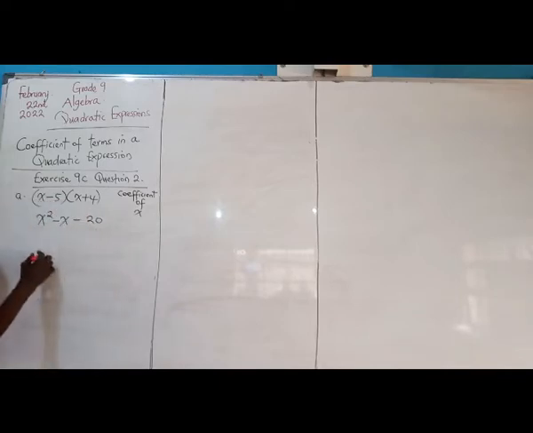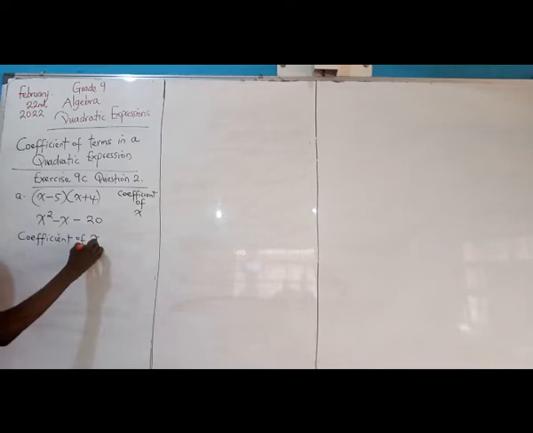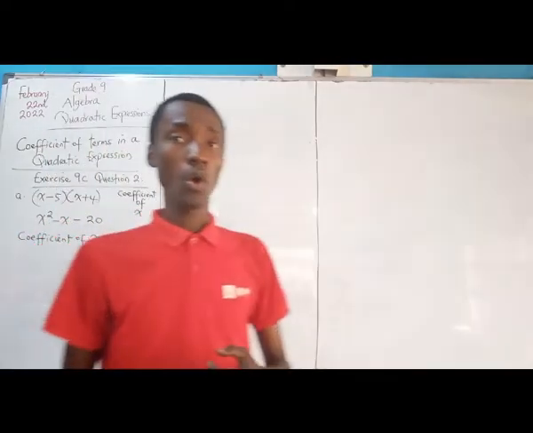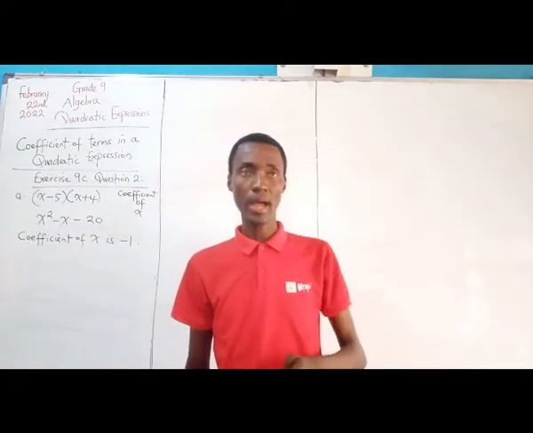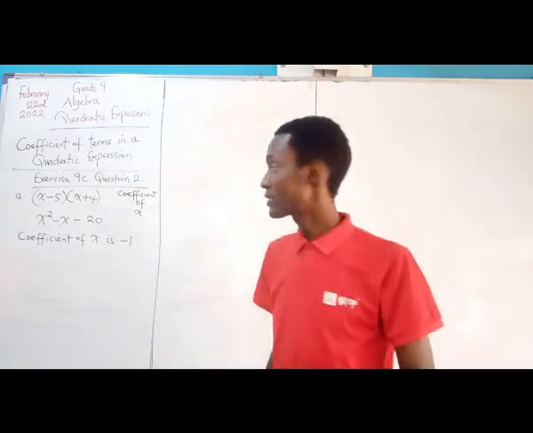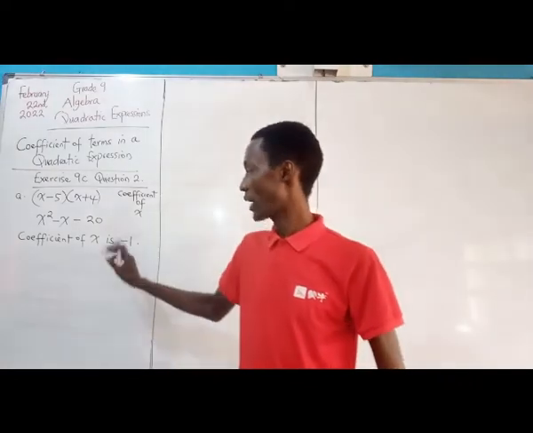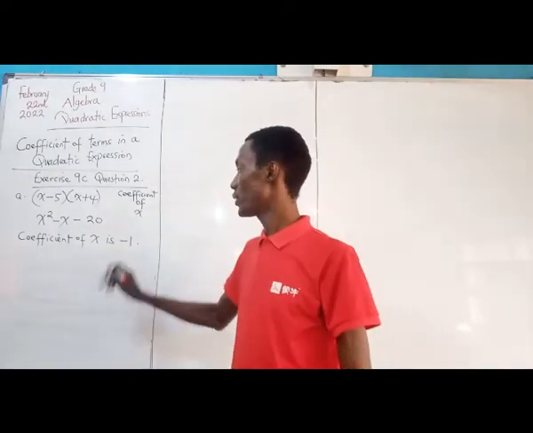So with this one, the coefficient of x is negative 1. The coefficient of x will be the number that multiplies the unknown. The coefficient of an unknown is that number that multiplies the unknown. So negative 1 will be the answer.